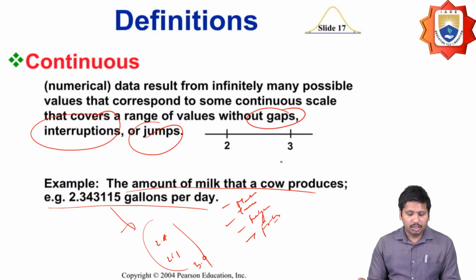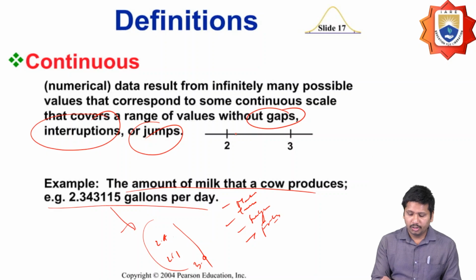And continuous means the data which is going to be gathered with respect to time, and which is going to cover the range of values without any gaps or interruptions or jumps in between them, then that thing should be treated as a continuous one.